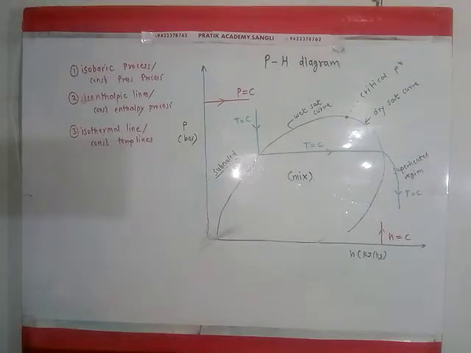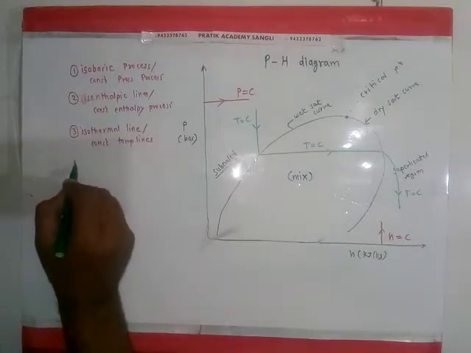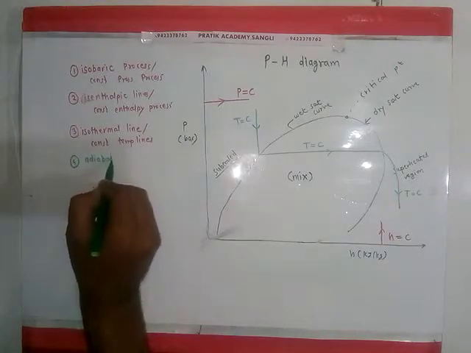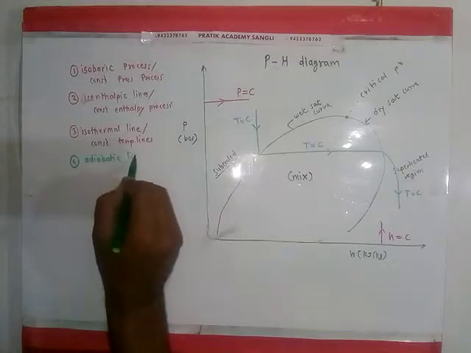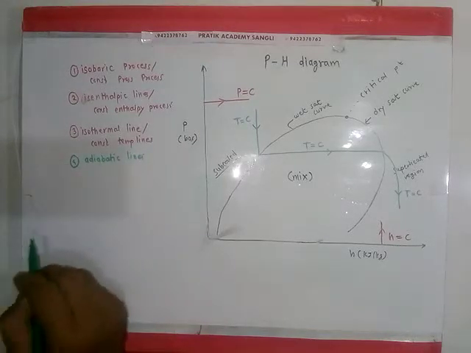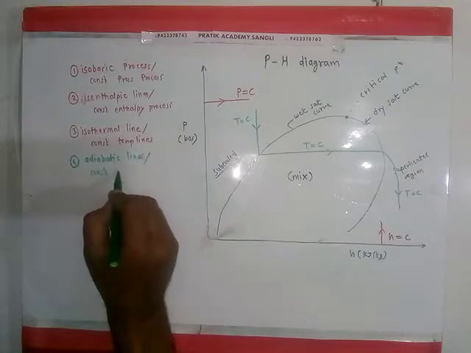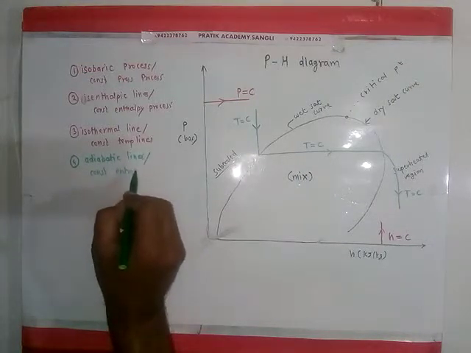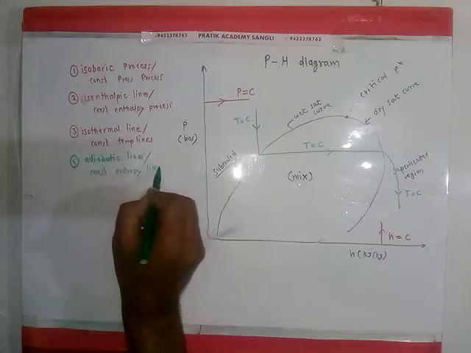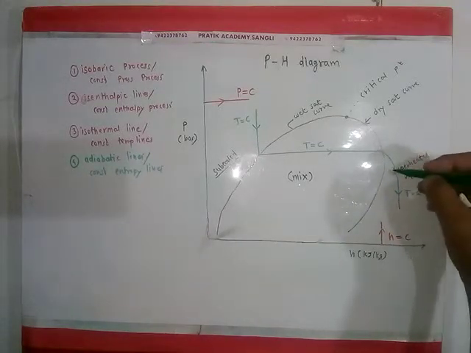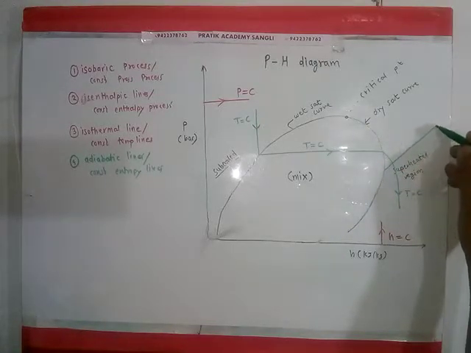Next important are adiabatic lines, or you can call them constant entropy lines. Constant entropy lines are shown here by inclined lines.